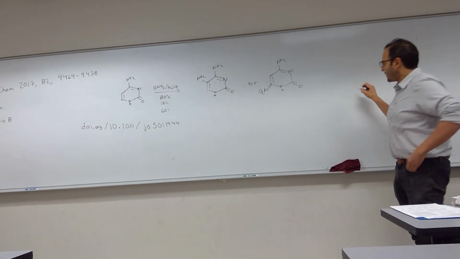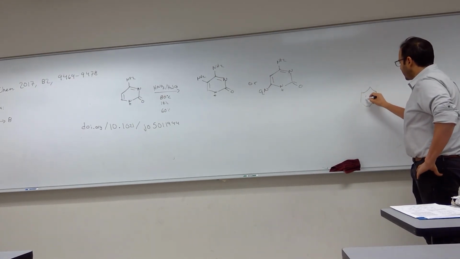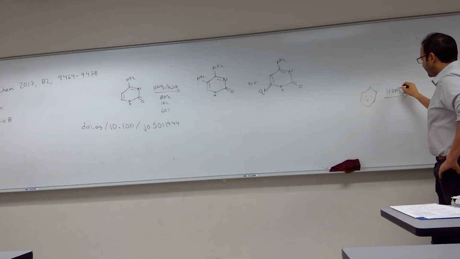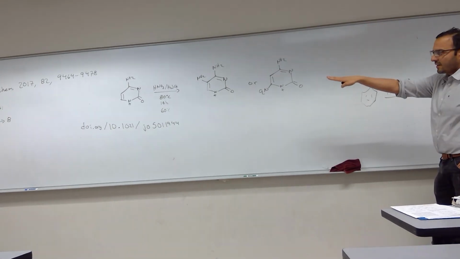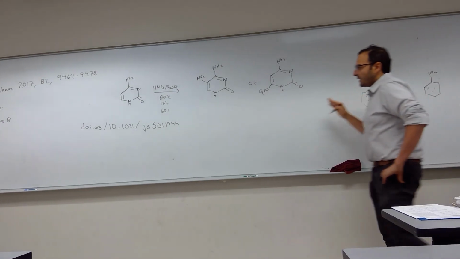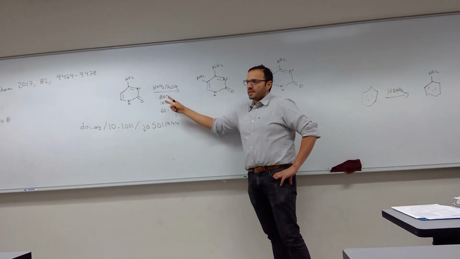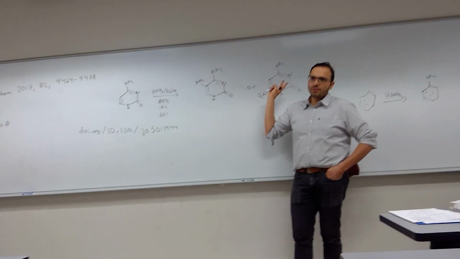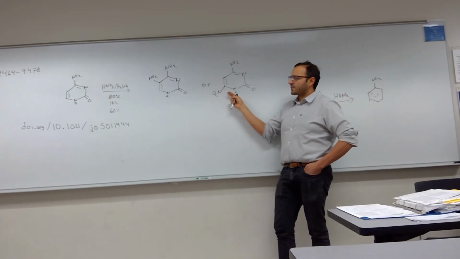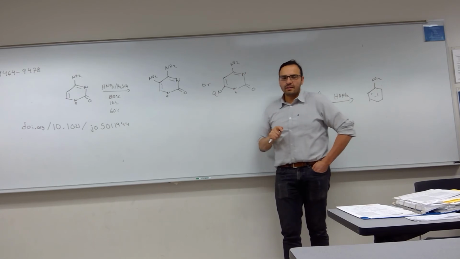Typically, if you treat a ring, remember benzene, from organic chemistry, with HNO3 and H2SO4, which is essentially nitric acid and sulfuric acid, you nitrate the ring via an electrophilic aromatic substitution. You can functionalize the 5 position or the 6 position, so which one do you get?